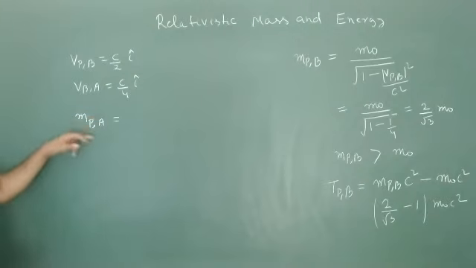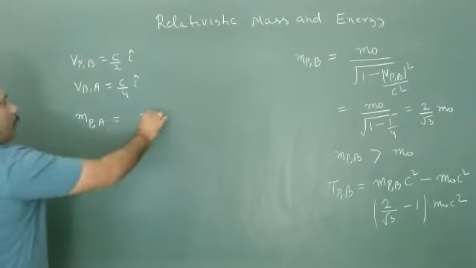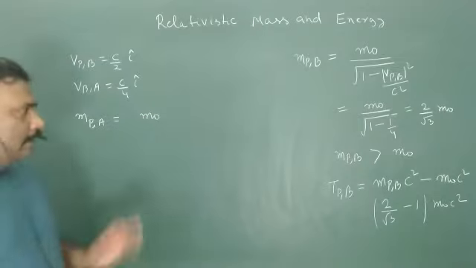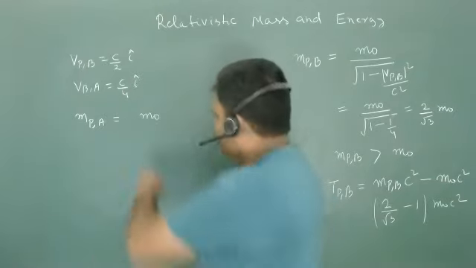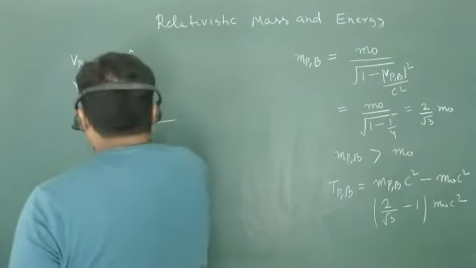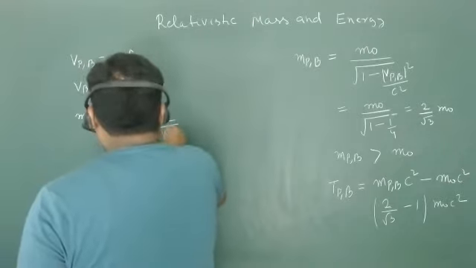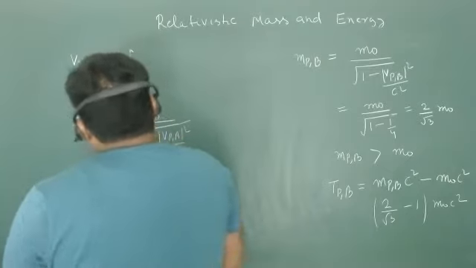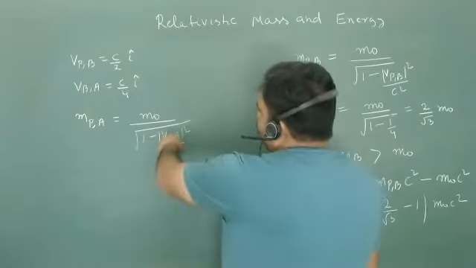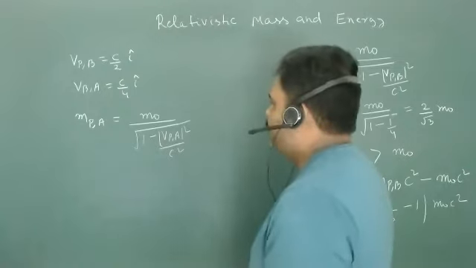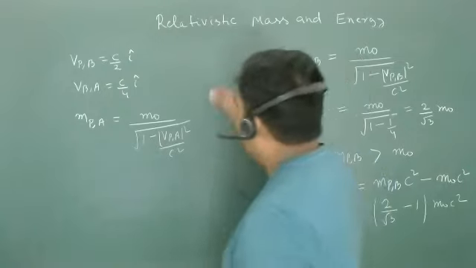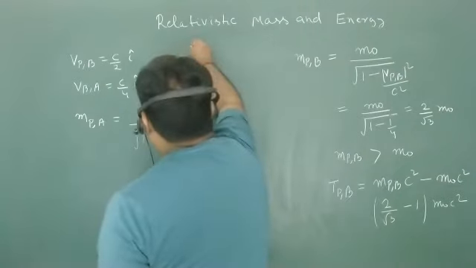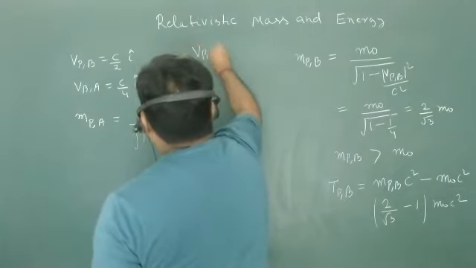We have the intuition that we have to calculate the speed of the particle with respect to A. Then obviously we take the rest mass, which is m naught, and this value is root under 1 minus the velocity of the particle with respect to A mod square upon c square. Now the main task is to calculate the velocity of the particle with respect to A. Now how will you go for it? You have to just go for the velocity of the particle with respect to A.